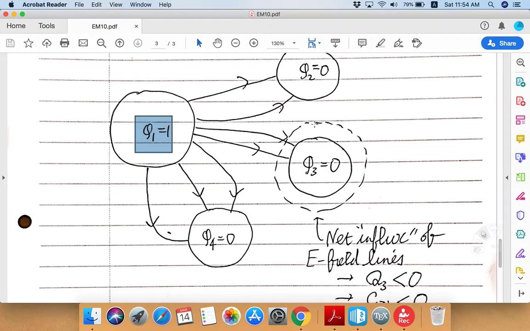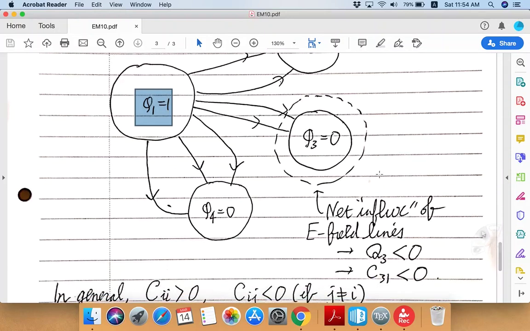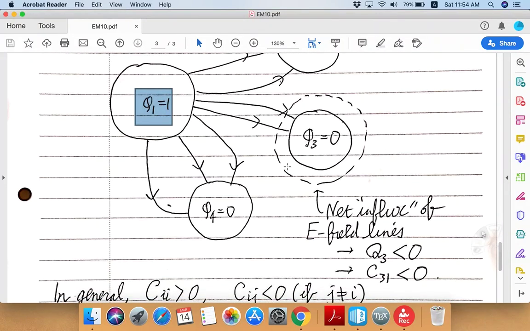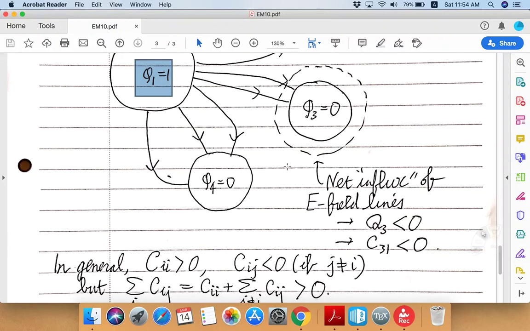And now from this picture, you can pretty much convince yourself that if you draw a Gaussian surface around one of these islands at zero potential, then there will be a net influx of electric field, right? It's clearly not going to be all coming out on average. Rather, there will be all going in on average. And according to Gauss' theorem, that implies that the charge sitting on the surface of these islands will be negative. Now that implies that this particular capacitance value of C31 will have to be negative.